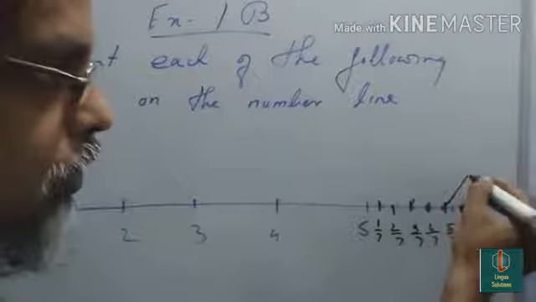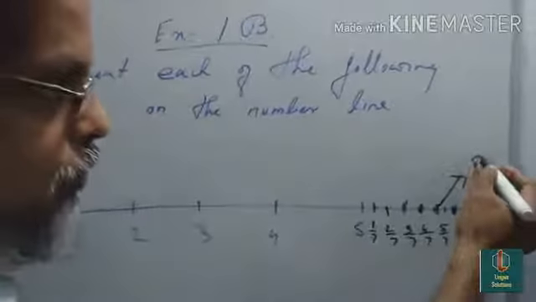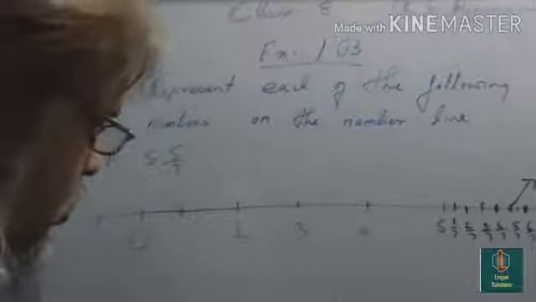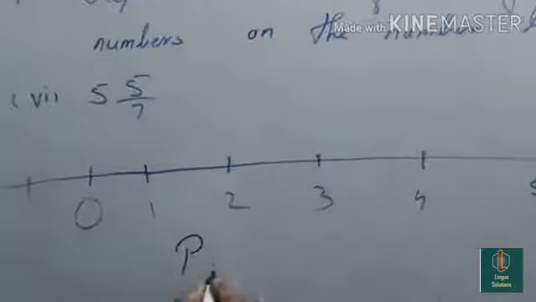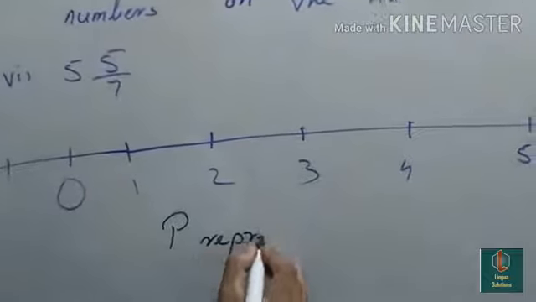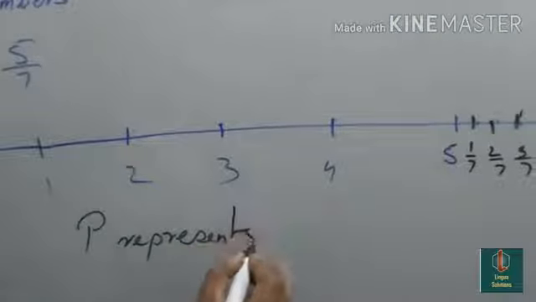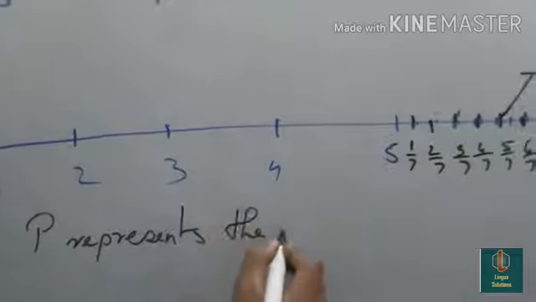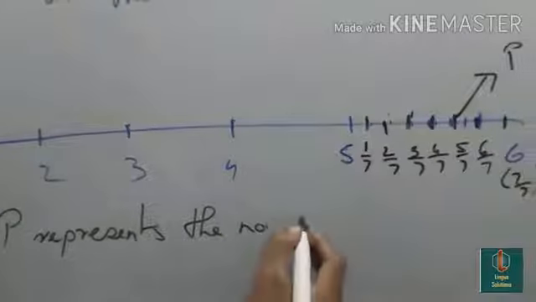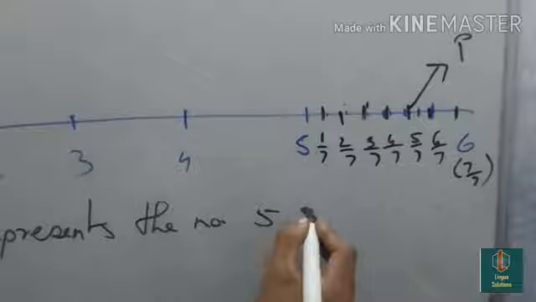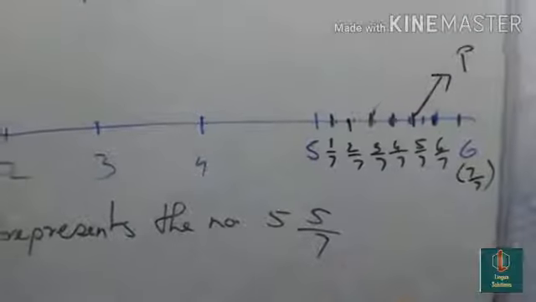So this is our required point. So P represents the number 5 by 7.